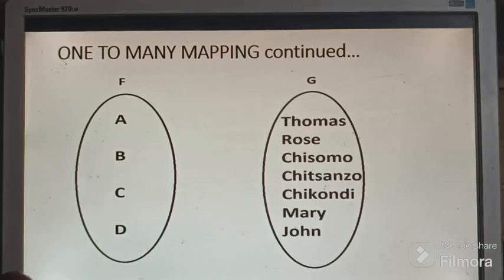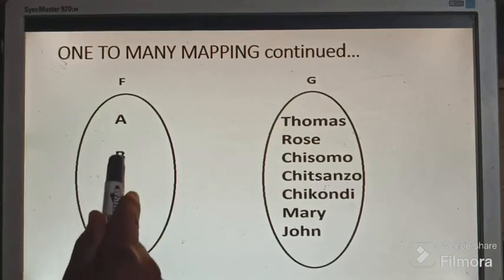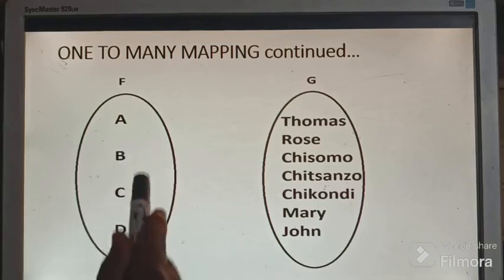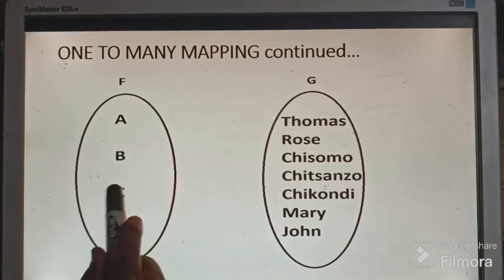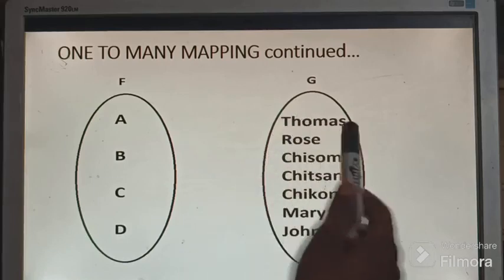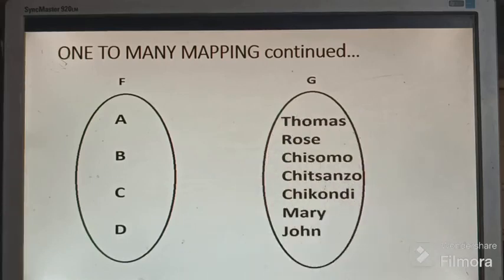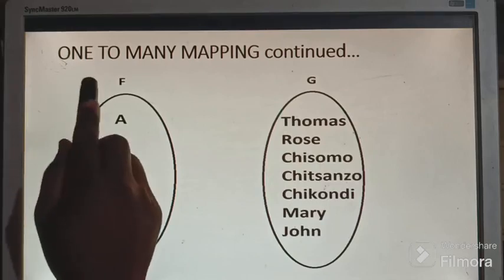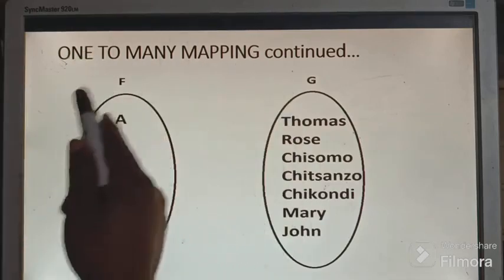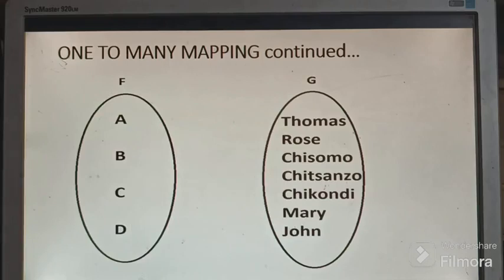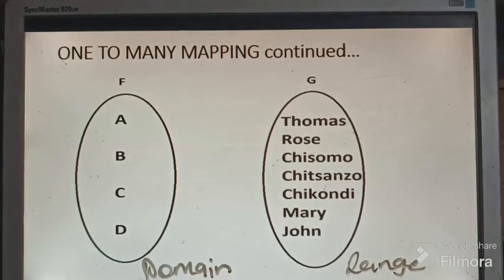Now let's look at this example. One to many mapping. These are grades A, B, C, D in a math test, and these are the names of students. If we're going to show one to many mapping, this is our range, and this is our domain.